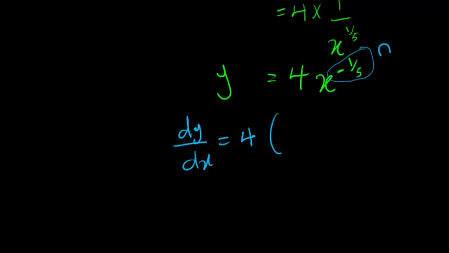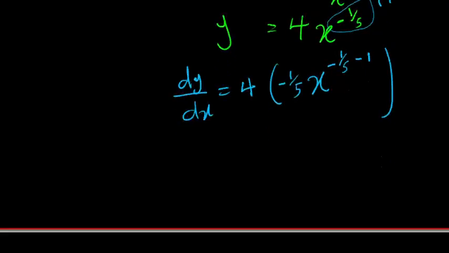Now we bring down minus 1 over 5. We have x raised to power n minus 1, so we subtract 1 from n. So what is that? We are having minus 4 over 5 x raised to power minus 1 over 5 minus 1.